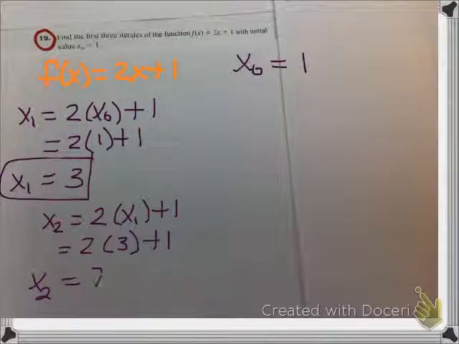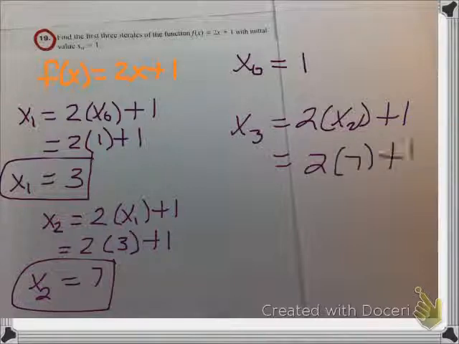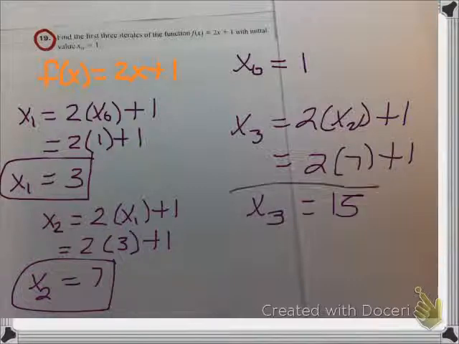Just trying to see if you guys are paying attention. And then you find your x sub 3 by doing 2 times x sub 2 plus 1. So that's 2 times 7 plus 1, which is 15. Now, I believe the test is going to be pretty simple, not that bad. Questions? No?